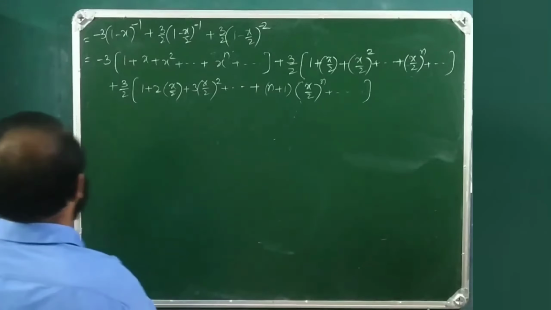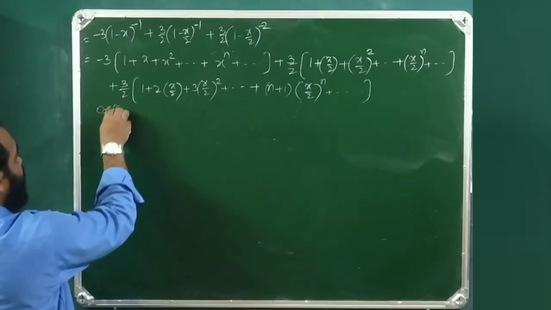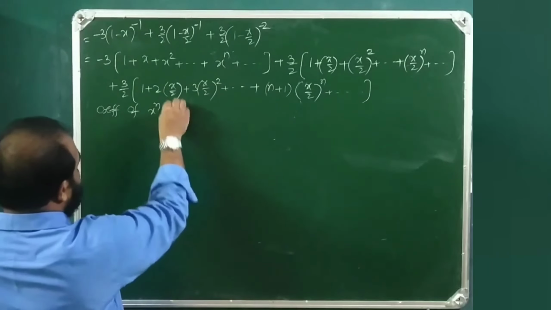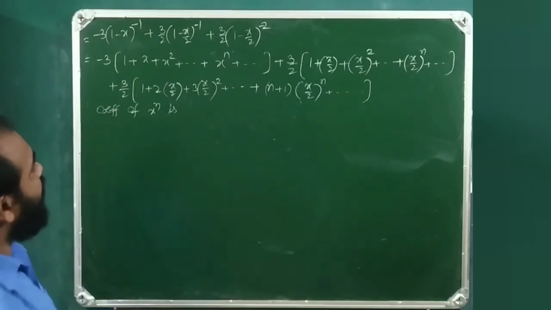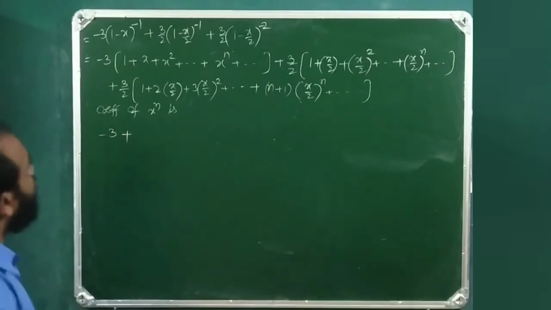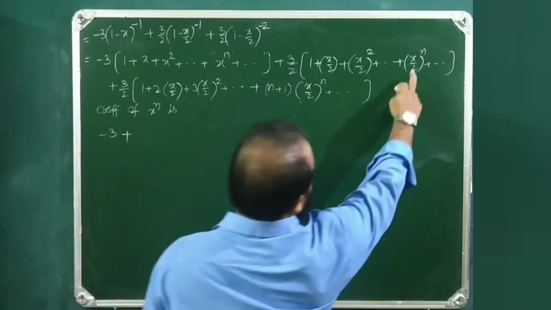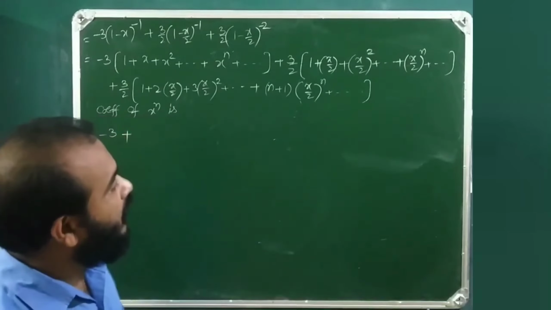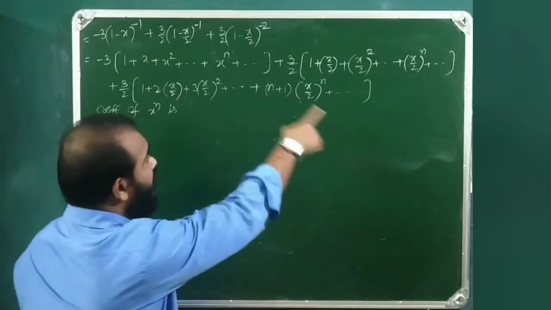So this is equals to, now the coefficient of x power n is, here the coefficient of x power n is minus 3 plus, here the coefficient of x power n is, this is x power n by 2 power n. So the coefficient of x power n is 1 by 2 power n into this.